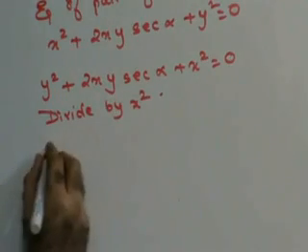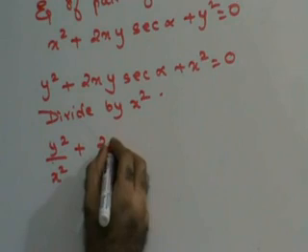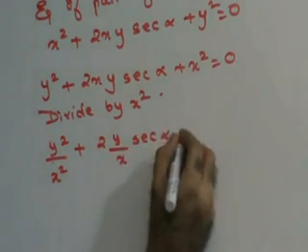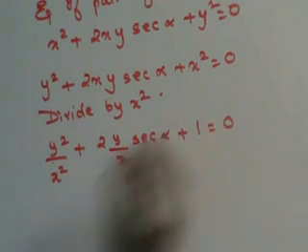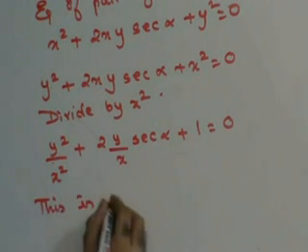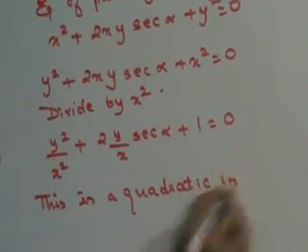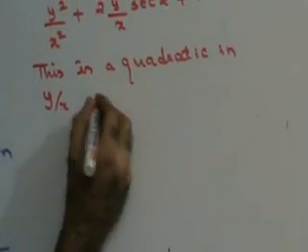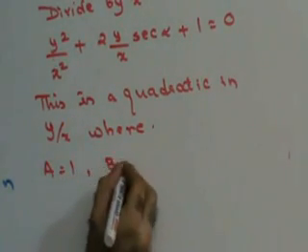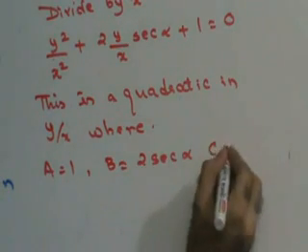If I divide by x square, I'll get y square upon x square plus 2 y upon x sec alpha plus 1 is 0. I can say this is a quadratic in y upon x where a is 1, b is 2 sec alpha and c is 1.